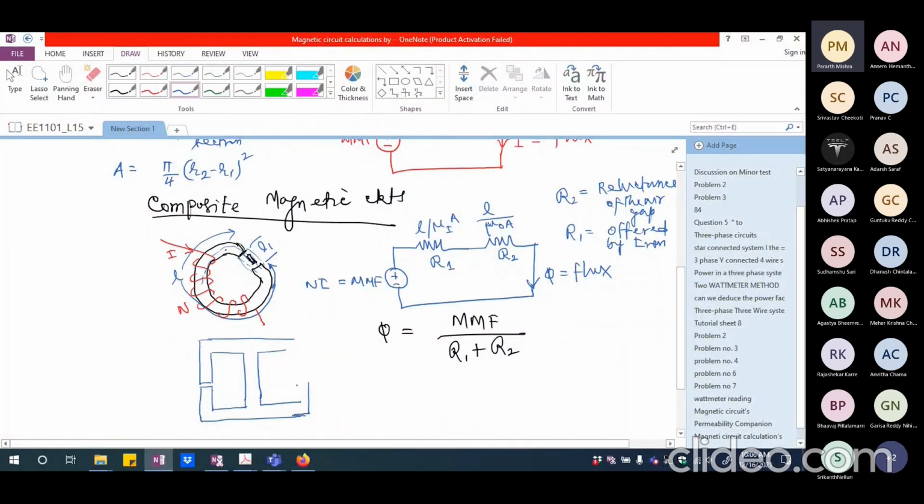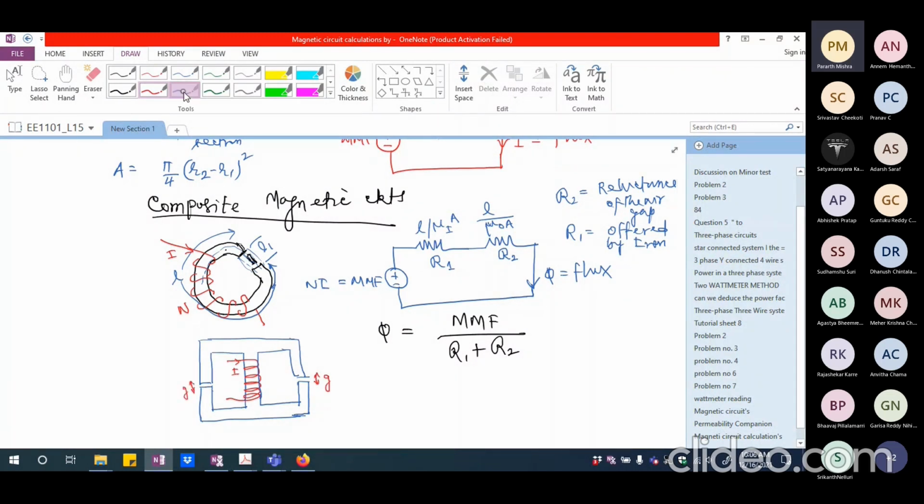Okay, so this is the kind of magnetic circuit I'm showing. So let's say I'm going to have some winding wound around here, and I am passing a current of I through this. Now this is a small gap G, and this is also a small gap G.